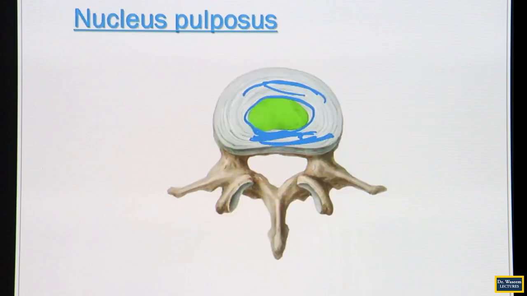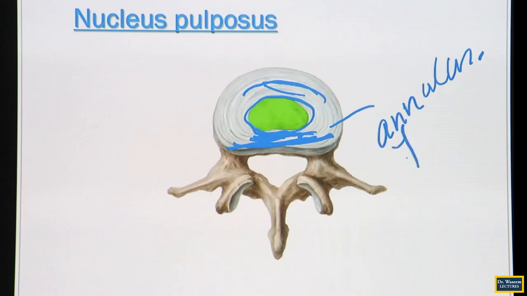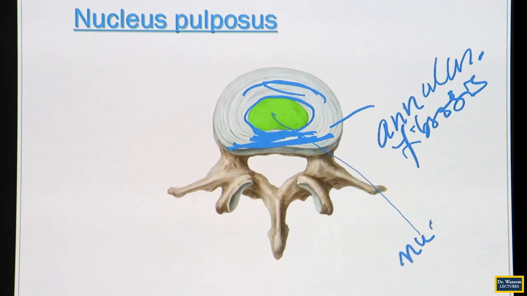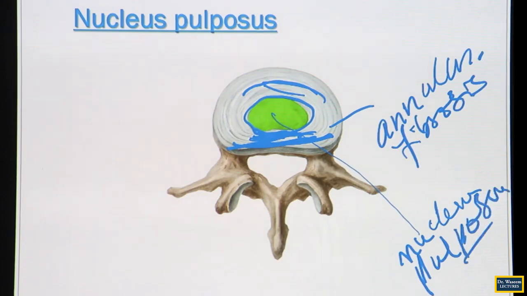This fibrous tissue around there is called the annulus, because it is rounded, ring-like: annulus fibrosus. But the central one is called the nucleus pulposus. Together they are called the intervertebral disc.